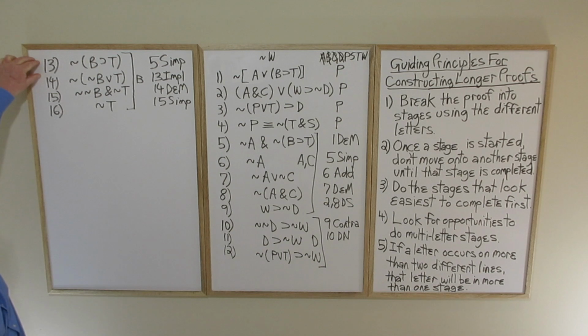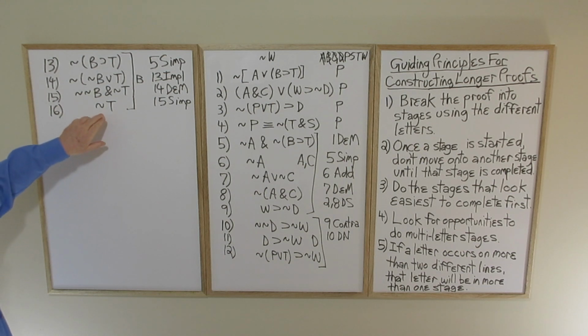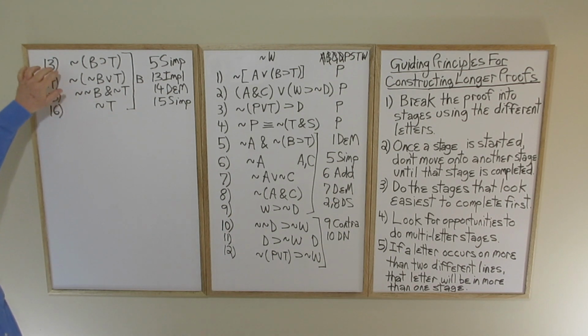So what we've really done in lines 13, 14, 15, and 16 is we have extracted the T-related information, which is useful, from the sentence where it's locked together with B-related information that isn't useful.